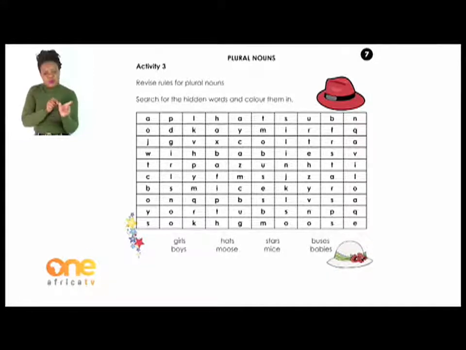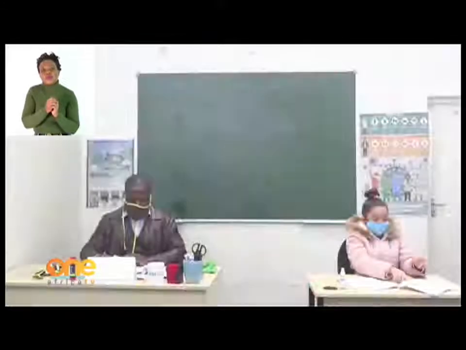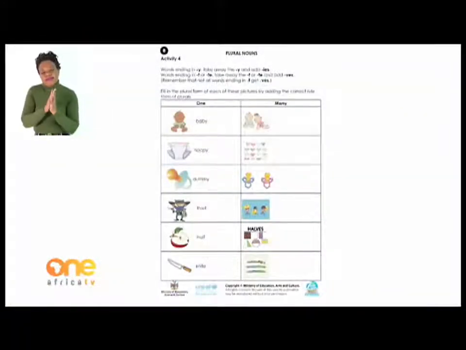Page 8, activity number 4, words ending in Y, take away the Y and add IES. It's a matter of repetition. The Y rule, where you throw away the Y, replace with IES.